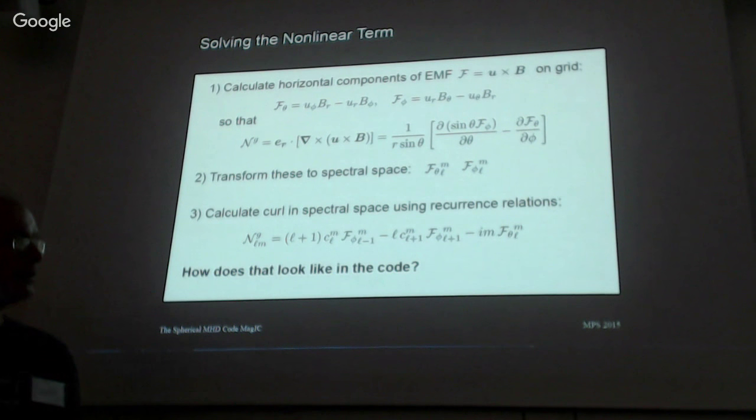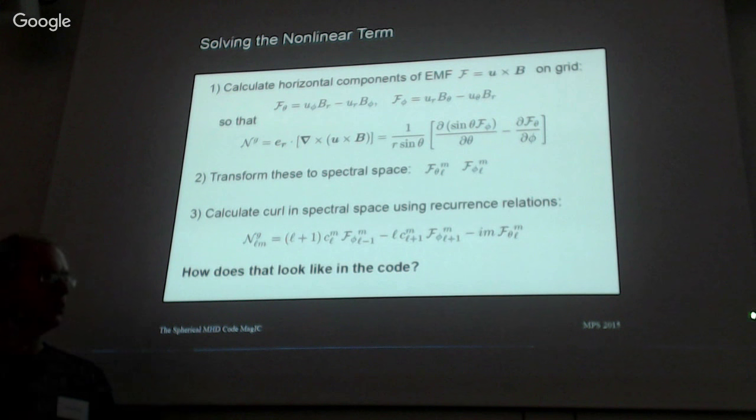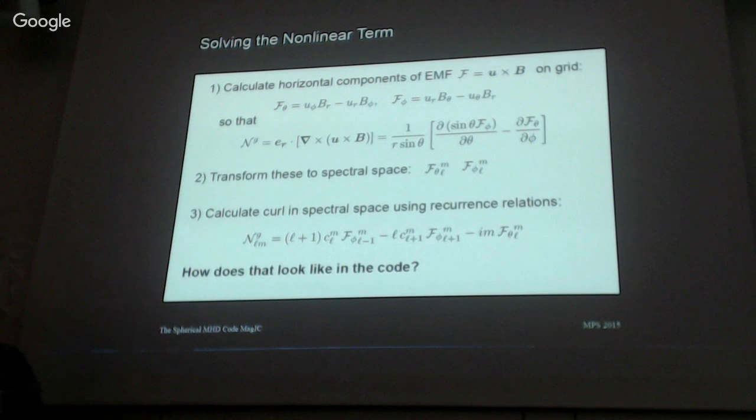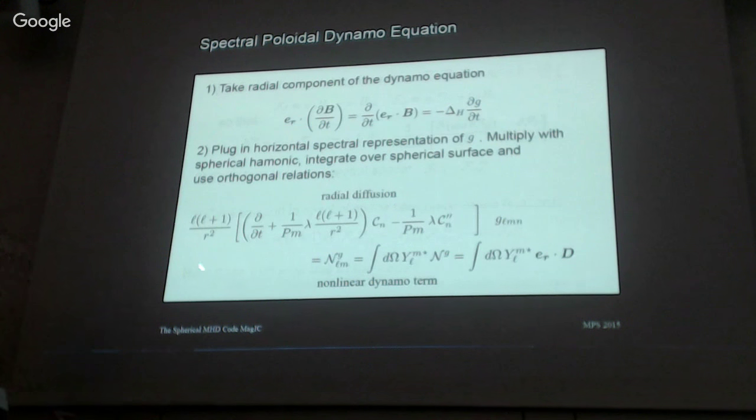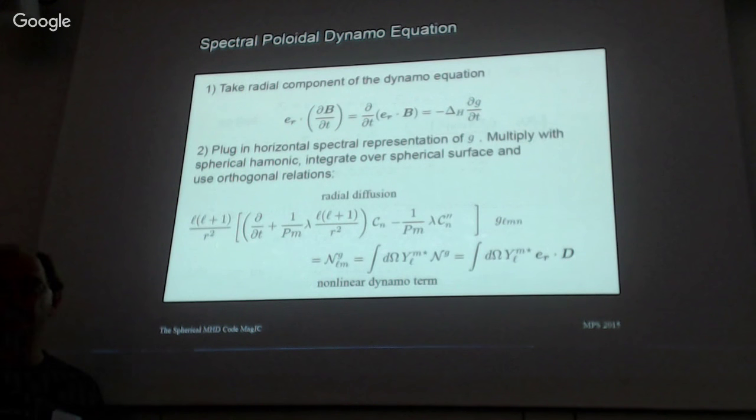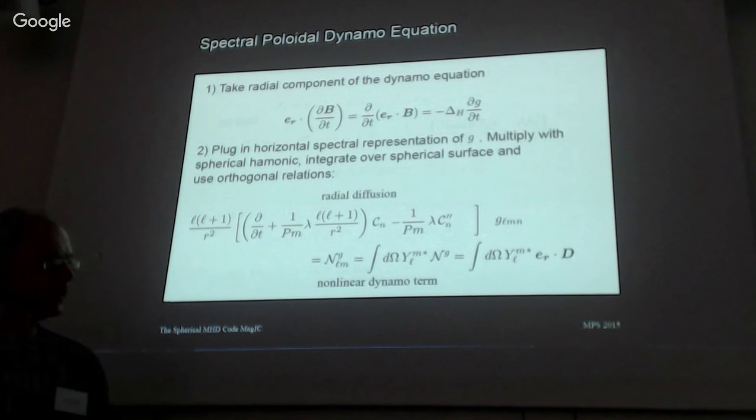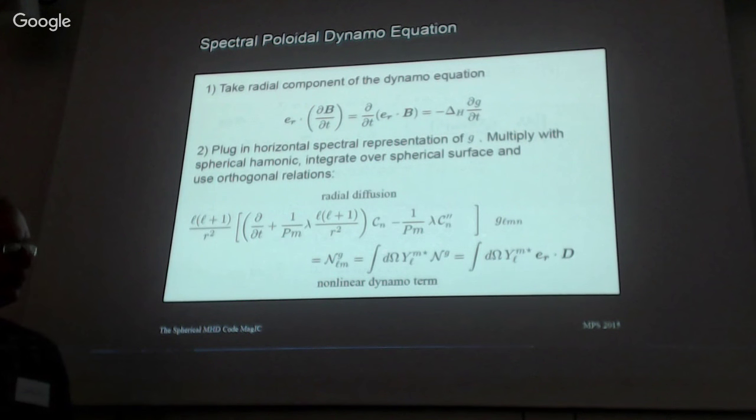This is called radial loop G. So this is now actually the calculation of the nonlinear terms in this subroutine. And this is done, as I said, for every radius independently. So these equations are independent of the radius, and you can calculate this for each radius independently, and that's done here in this radial loop G.